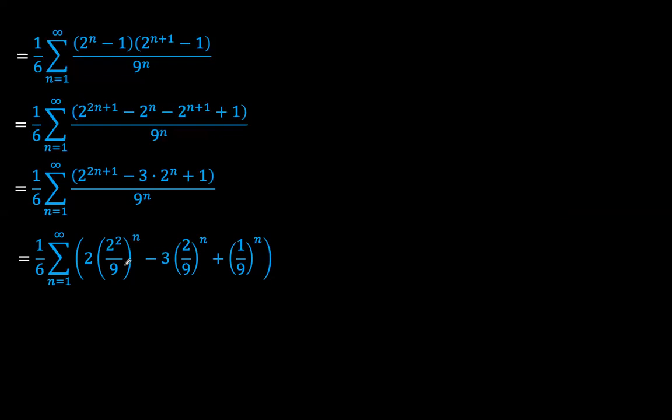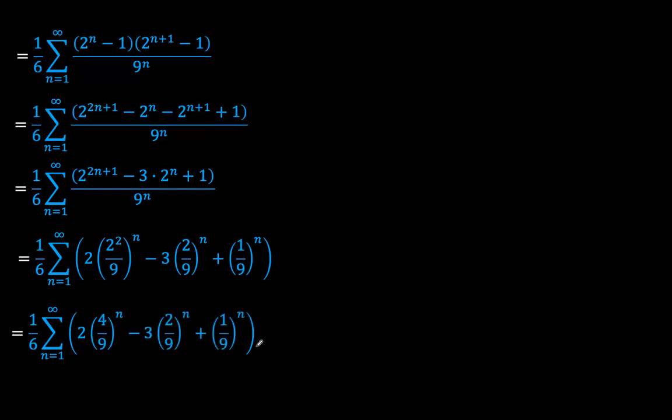For the first, the initial value is 2, with 2 squared over 9 as ratio. The initial value is 2 over 9. The initial value is 1 over 9. And then the constant ratios are pretty much the same value. So we have now 1 over 6. So we just expanded 2 squared to 4 over 9. And so we have 4 over 9 as a common ratio, 2 over 9 common ratio, 1 over 9 common ratio, and the initial values are pretty much the same values.